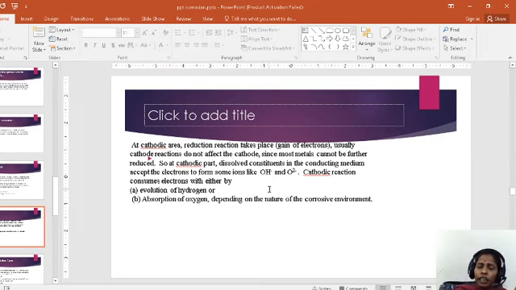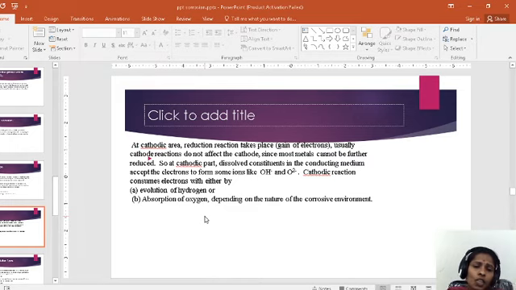So whatever electrons are released at the anode are transferred to the cathode and gained by these species, forming OH minus ions and oxide ions at the cathode. Generally the cathodic reaction consumes electrons, either by evolution of hydrogen or by absorption of oxygen. Here electrons are transferred from anode to cathode, so the cathodic reaction consumes electrons.